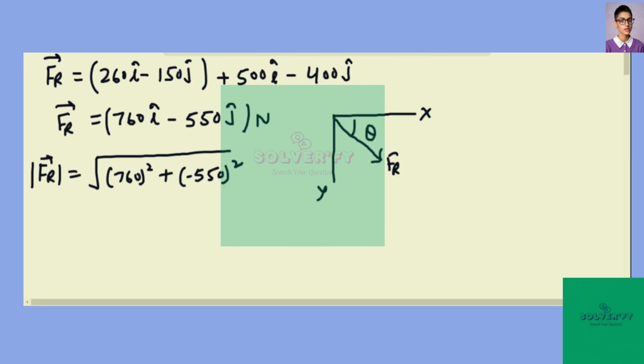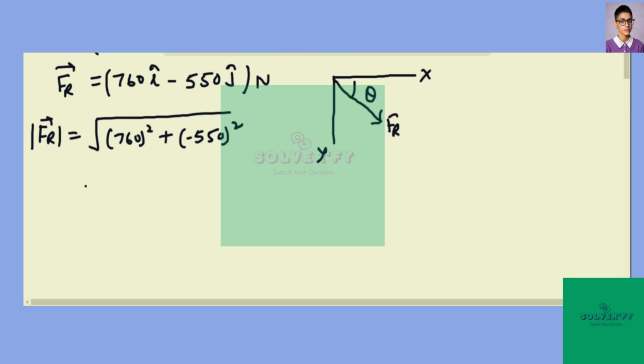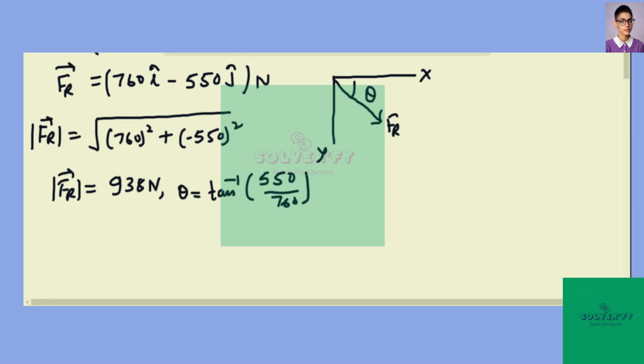So this value will be 938 Newton, and you can give the direction by measuring the angle theta as shown in the figure. This will be tan inverse of 550 divided by 760, so this angle is around 35.9 degrees. So this is the answer for the resultant force on the frame.